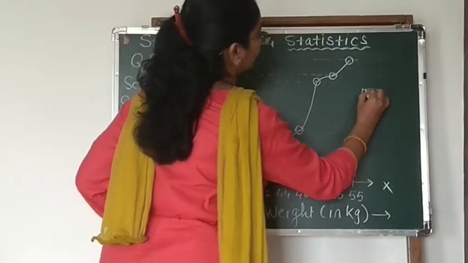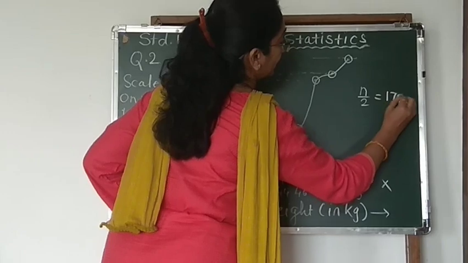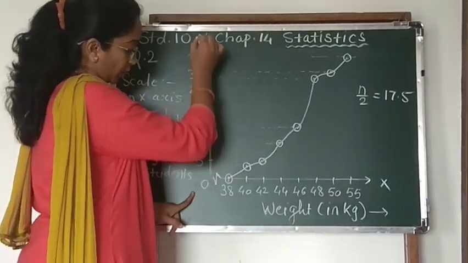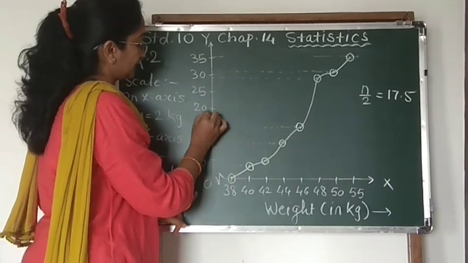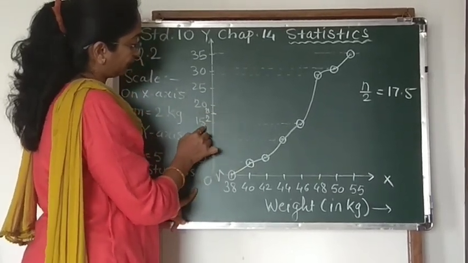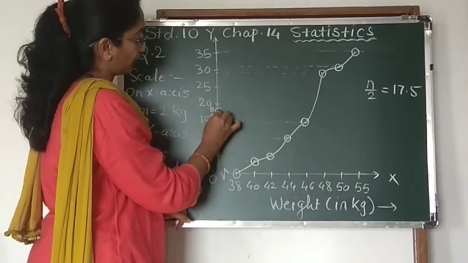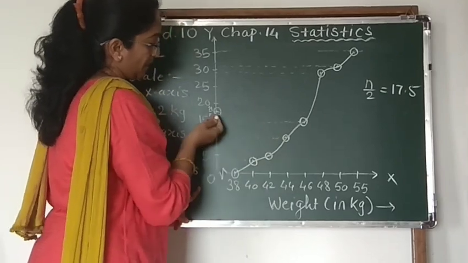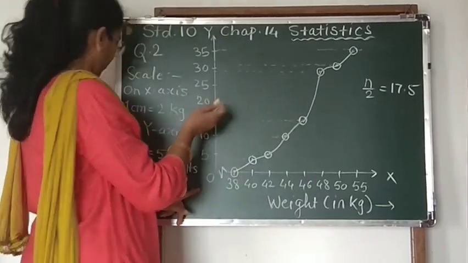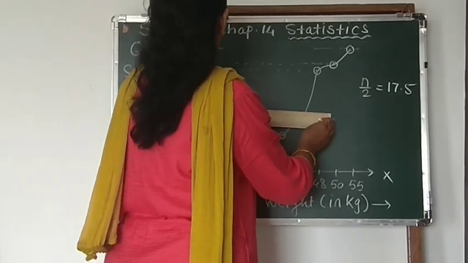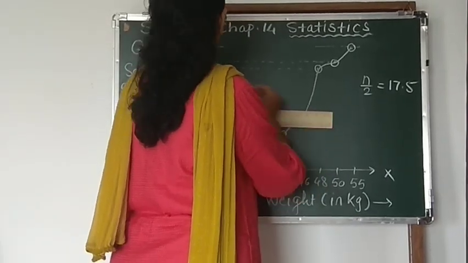Now take this point on the y-axis, because along the y-axis cumulative frequencies are there. Here our value n by 2 is between 15 and 20, that is 17.5. Now draw a line parallel to the x-axis from this point, which meets the graph line here.